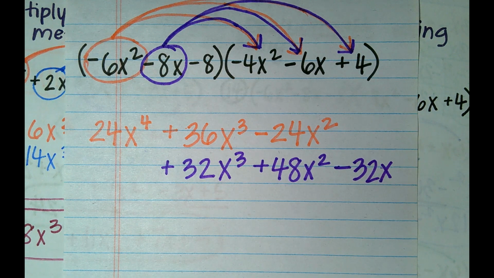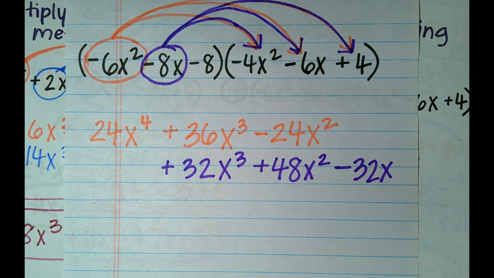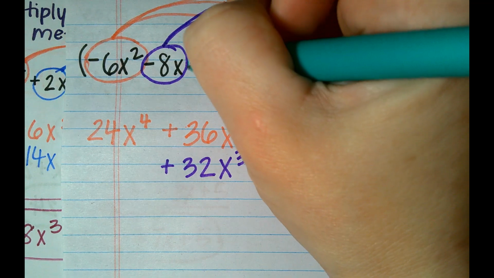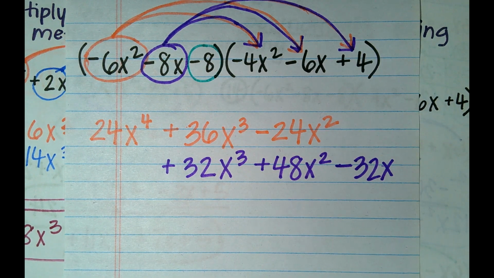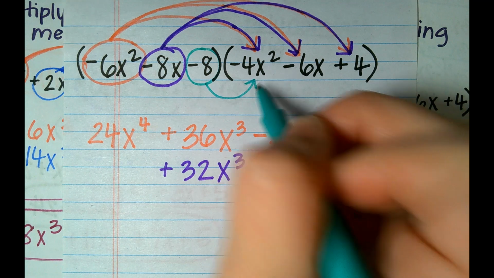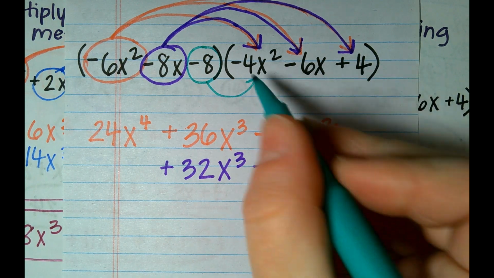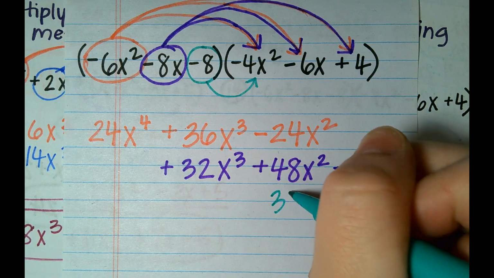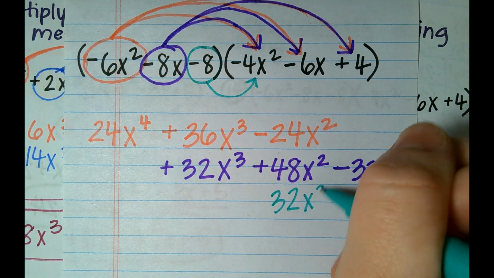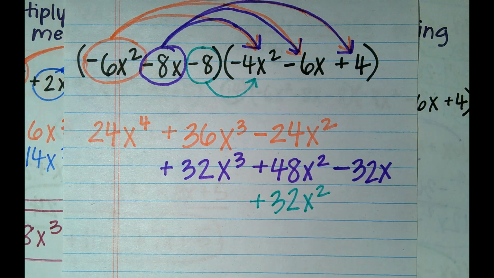Yes. Okay, so I've distributed both of my first two terms. I've got one left. That's my negative 8. So we'll start from the beginning again. Negative 8 times negative 4x squared, 32x squared. That's going to be positive because the two negatives cancel.